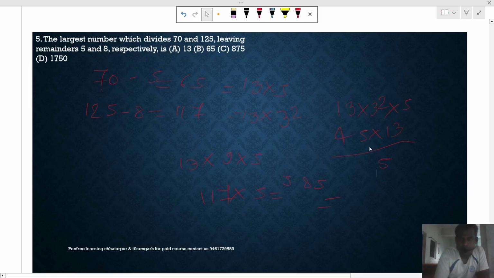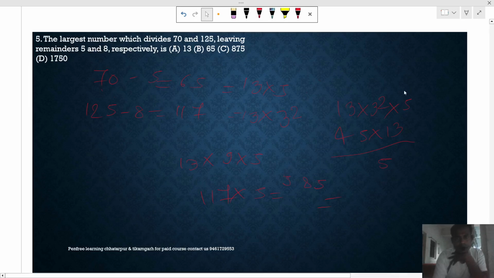Answer, please wait. 17 minus 5 is 12, and 125 minus 8 is 117. 13 into 5, this is the prime factor, the largest number which is divided, leaving remainder. Okay, now 13 into 9 into 5.